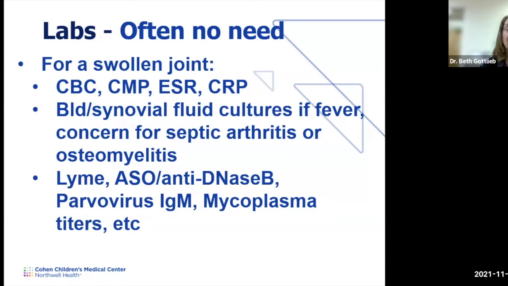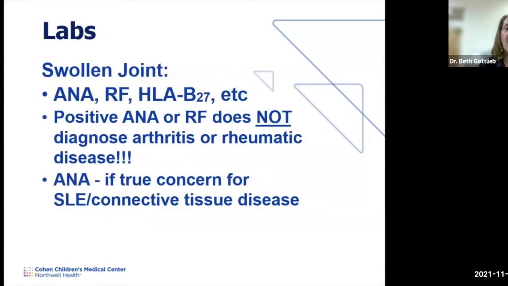And then depending on the case, we might consider Lyme, an ASO titer for strep, parvovirus, and mycoplasma titers. Other things for swollen joint, because it's pediatrics and we don't like to send children for blood tests frequently, we would do ANA, rheumatoid factor, and HLA-B27 for juvenile arthritis.